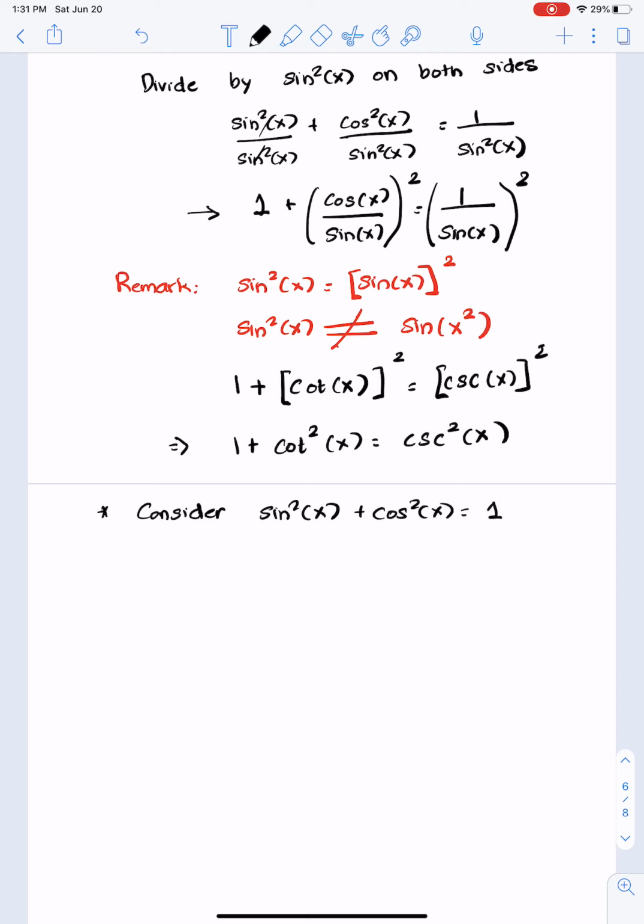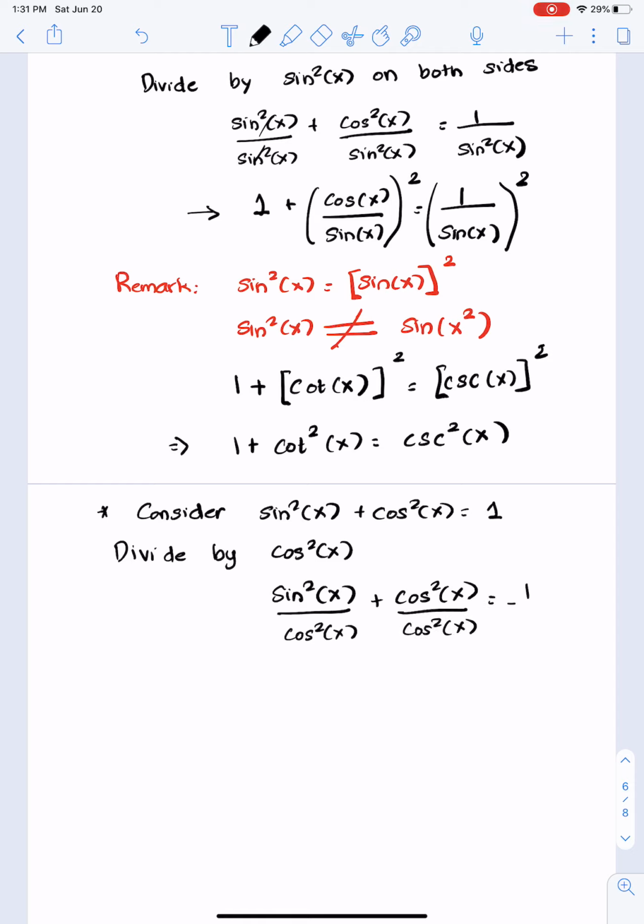And let us divide by cosine squared x this time. So those two would get cancelled and we'd have 1.